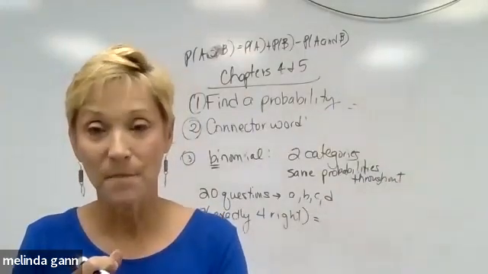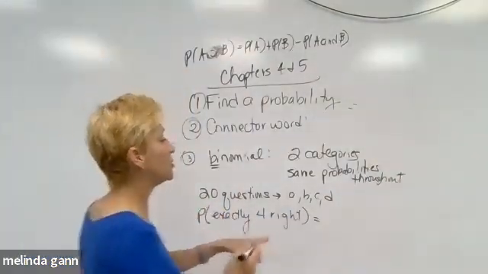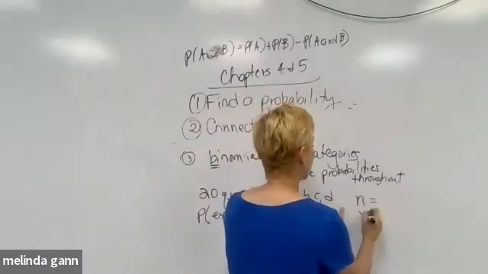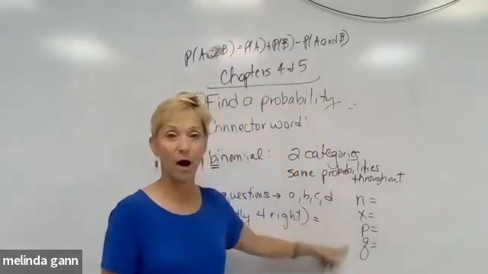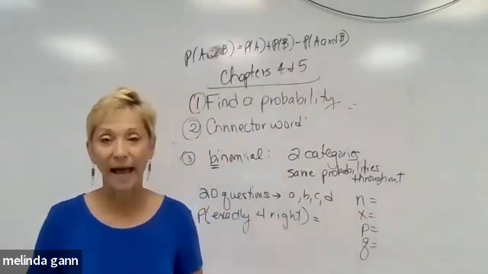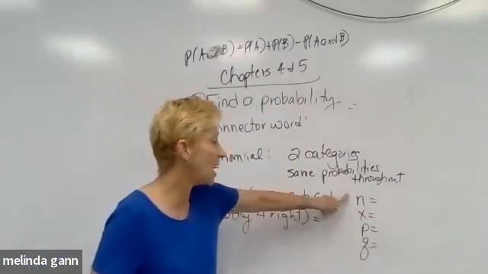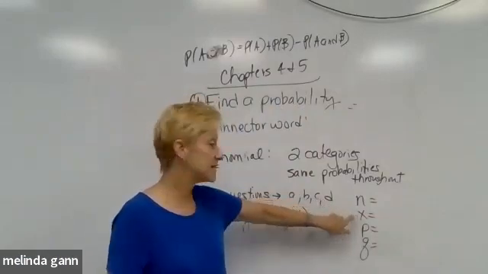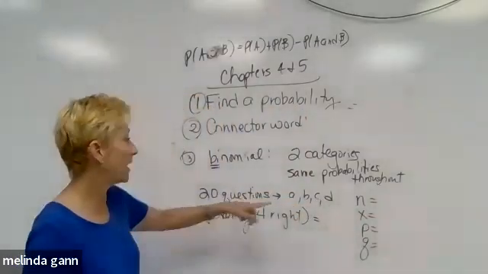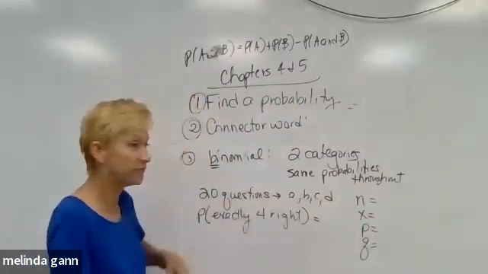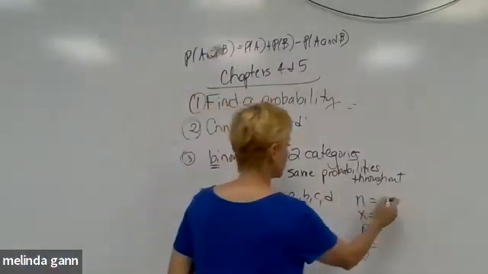Okay? So if it's binomial, you make sure that you write down N, X, P, and Q every time you're working the problem, because that's going to help you. N is your total. X is the number in the parentheses with the modifiers. So here my N would be 20. There are 20 questions total.